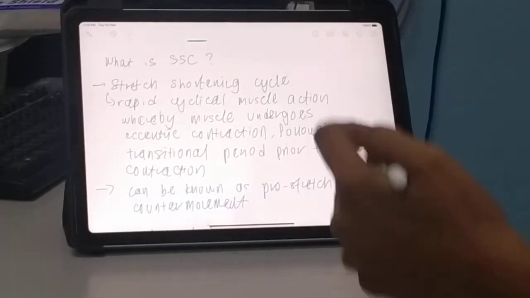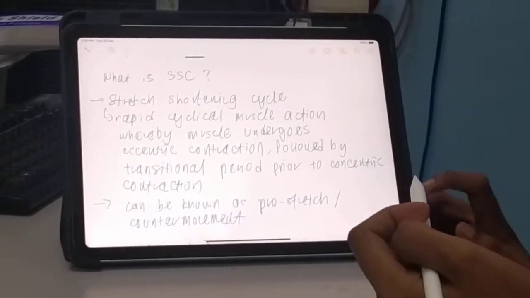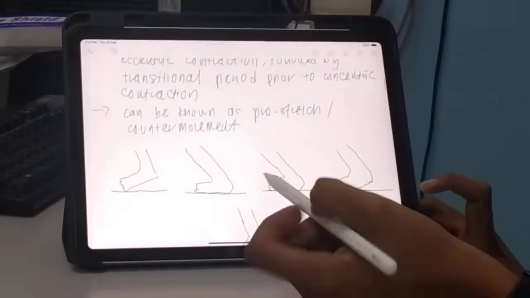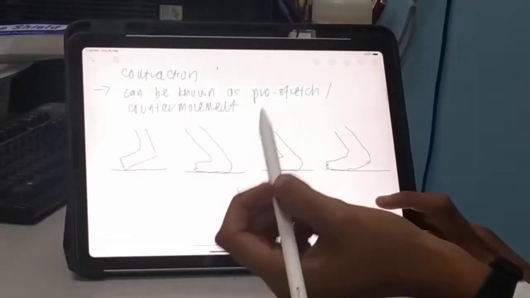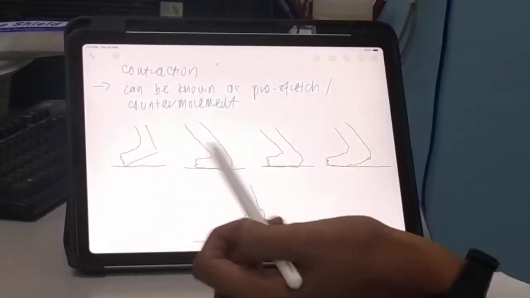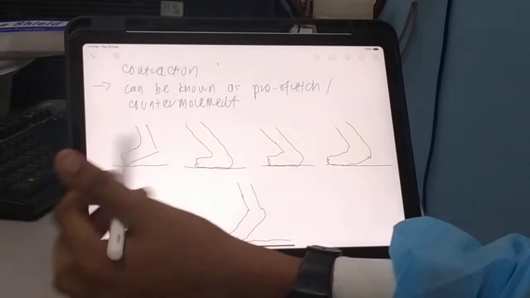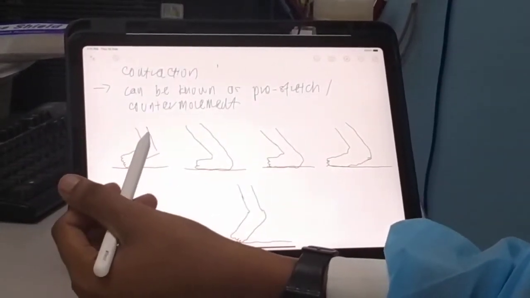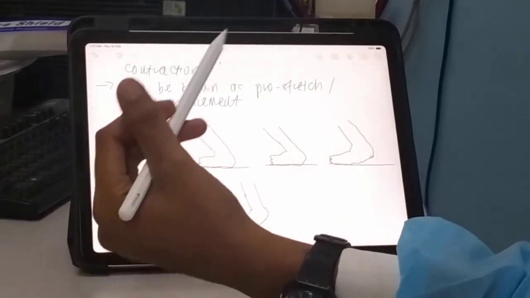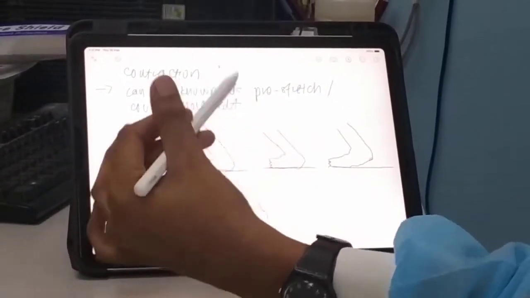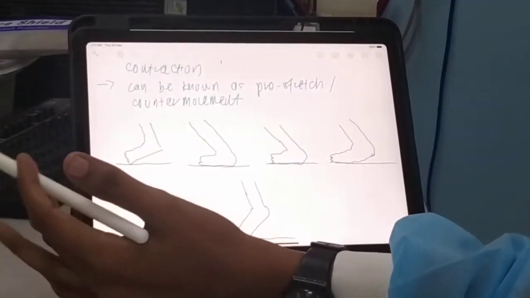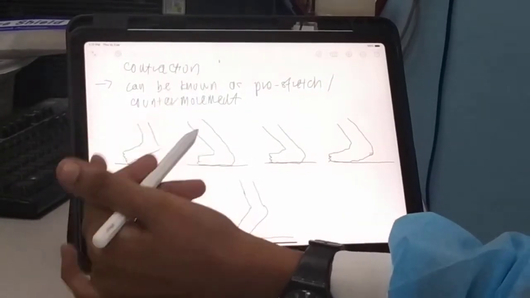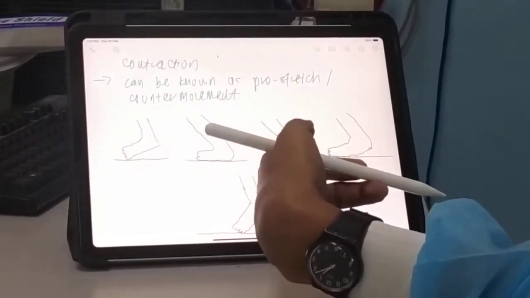It's a reverse action of a muscle. This is my picture: the first phase you see will be eccentric, then the second will be the amortization, and the last one will be the concentric.